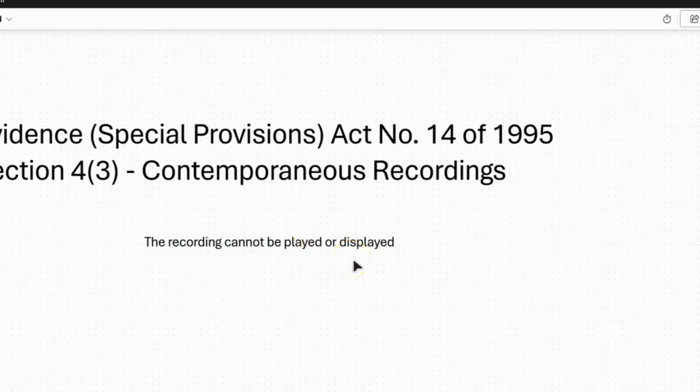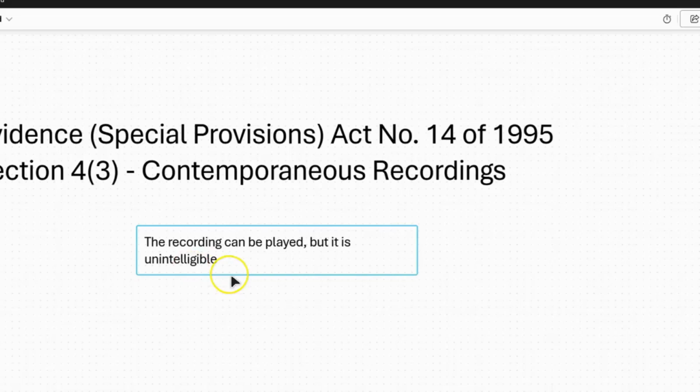It means the original recording cannot be opened or played because of technical problems. What are the examples? A CCTV video is stored on a VHS tape, but no VHS player is available. The next example, a damaged CD cannot be read.